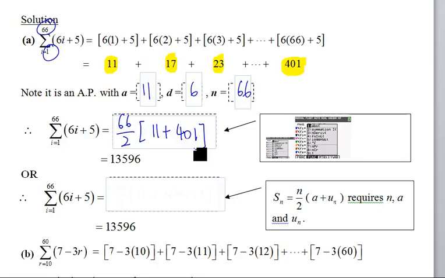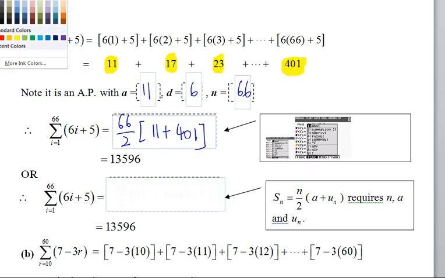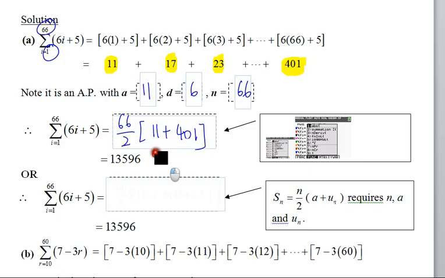Any problems? All okay? No, it doesn't have to be. Okay, sorry, you can use this formula, a plus un.